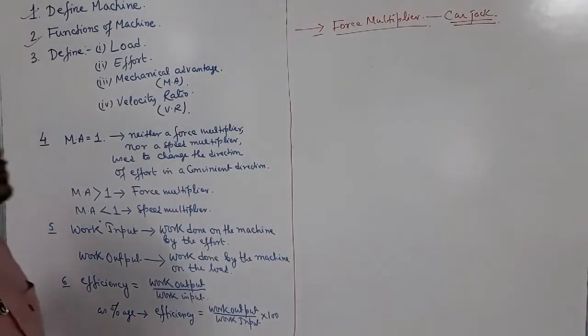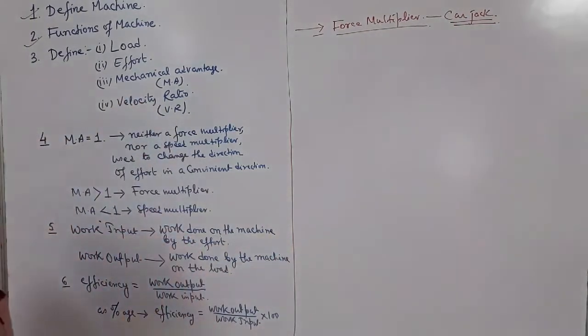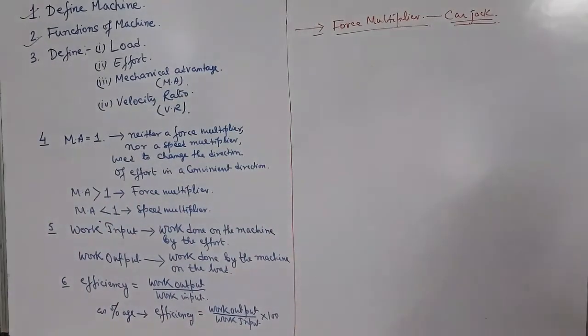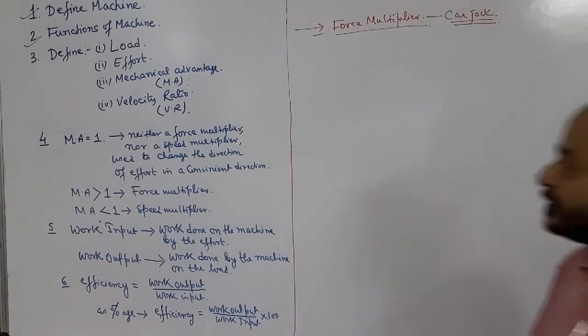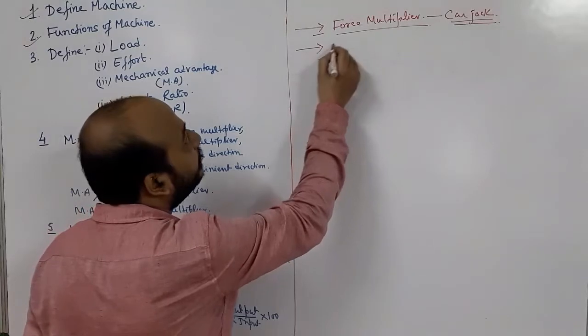There are other machines also we will discuss later which act as a force multiplier, like pliers. You know, pliers are used to tighten or loosen a screw or nut bolts. In that case also the pliers is acting as a force multiplier. So that's the first function a machine can do. It can act as a force multiplier.